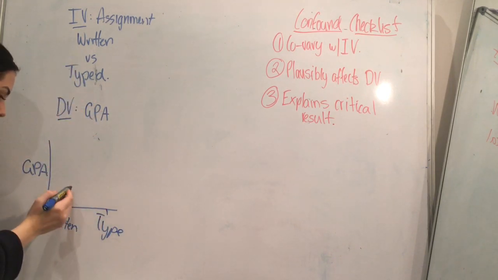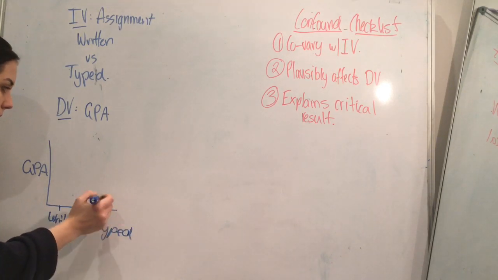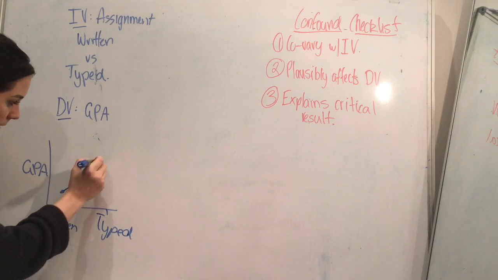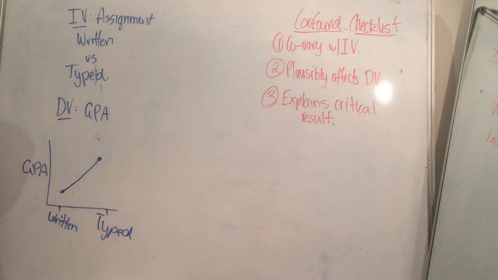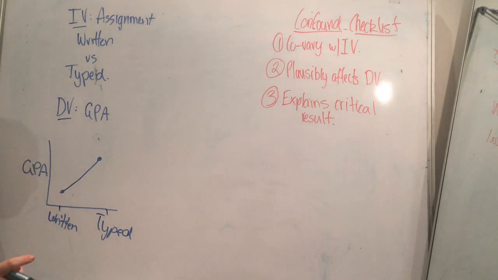And I would say if typed papers get better grades, it would look something like this. And that's a critical result that we need to be explaining.